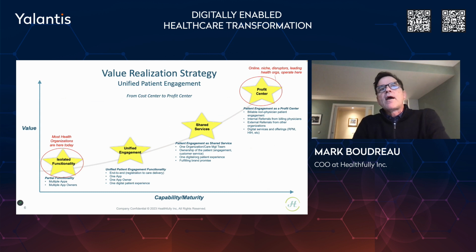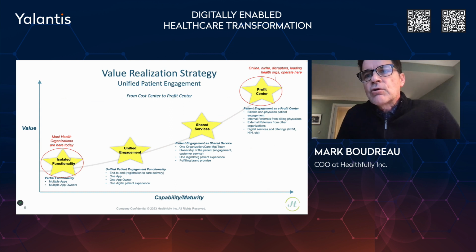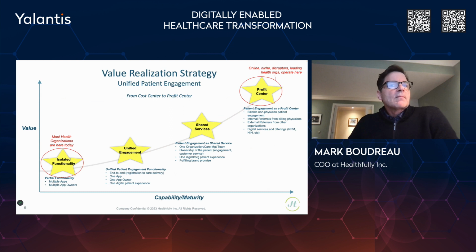And you can see where if you get really good at delivering shared services, then the shared services within your organization become a profit center, and you can start getting into things that generate revenue like RPM and whatnot, hospital in the home. And if you get really good at it, not only can you provide these services for your own health organization, but you can offer it to others.